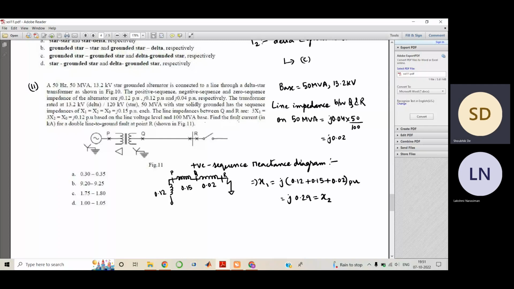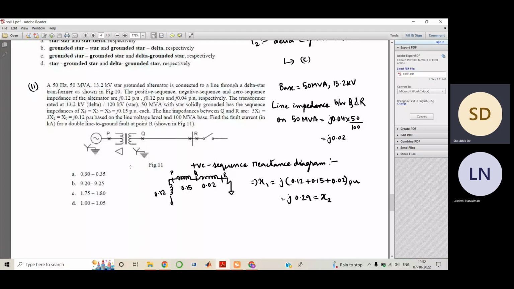Now find the fault current for a double line to ground fault at this point. Basically the fault is occurring at this bus. So at this point, what would be the fault current level? Since we have a transformer, our positive and negative sequence reactances would be the same.